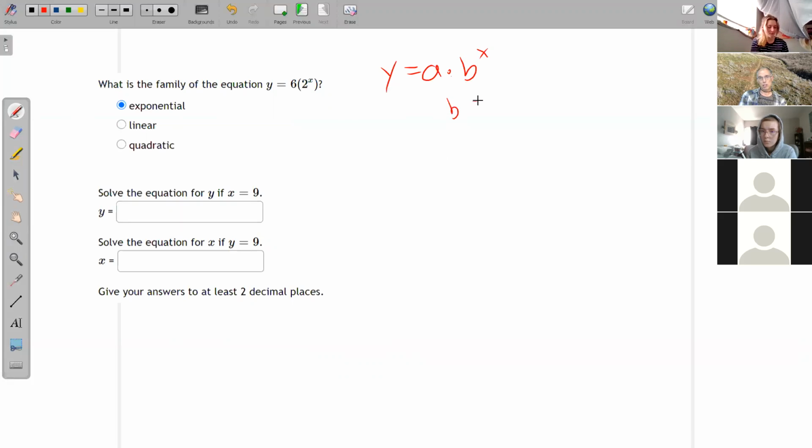In this case, b is my base, that's 2. I called that a growth multiplier. It's also the base of the exponential. I'll remind you later why I call it a growth multiplier, not a growth rate. And the 6, that value I called a, in this case, that's the initial value or y-intercept.